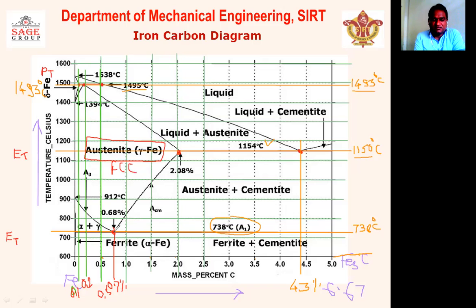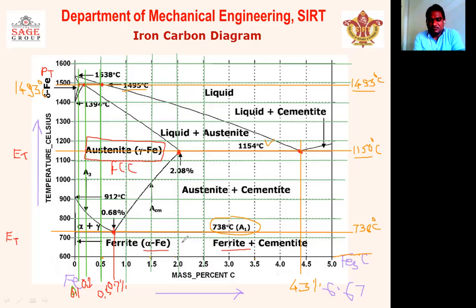But when this reaction takes place, the single solid, austenite, transforms into two other solids, that is alpha plus cementite, ferrite plus cementite.